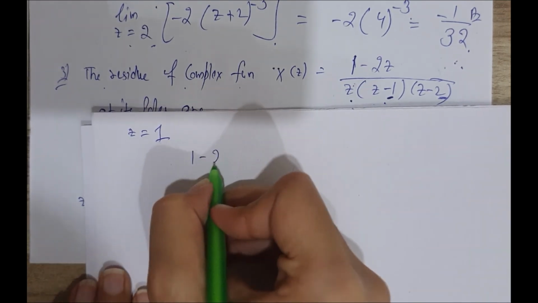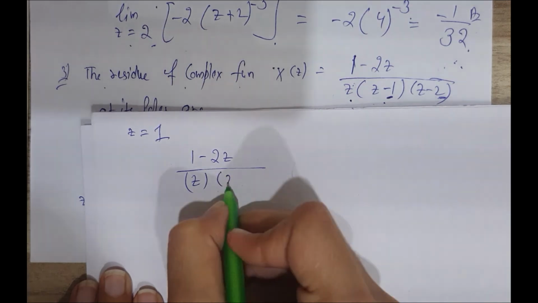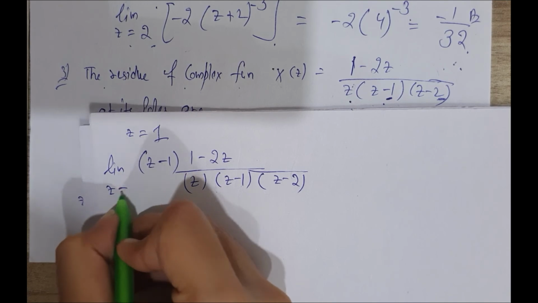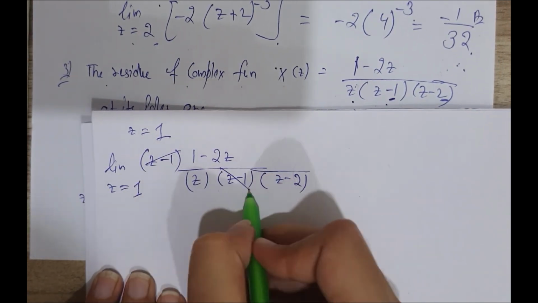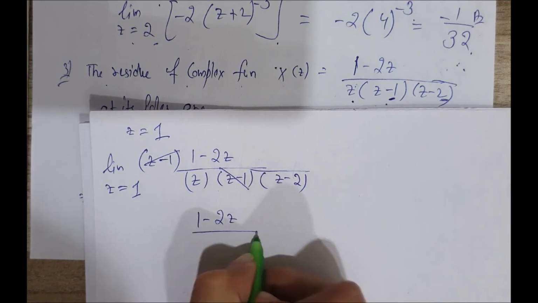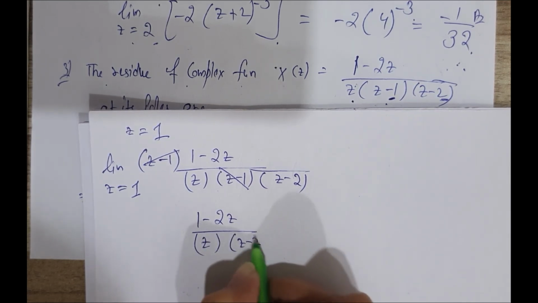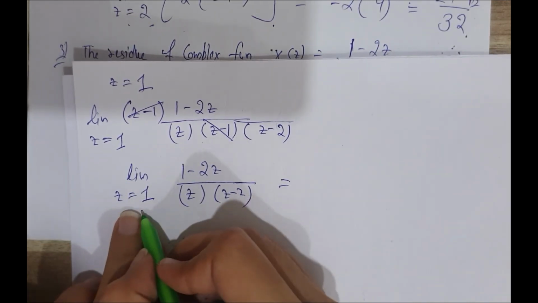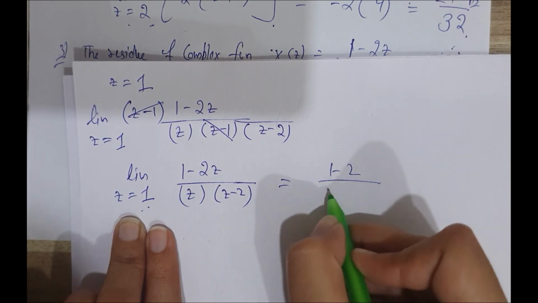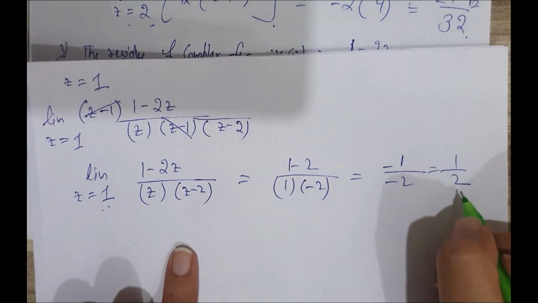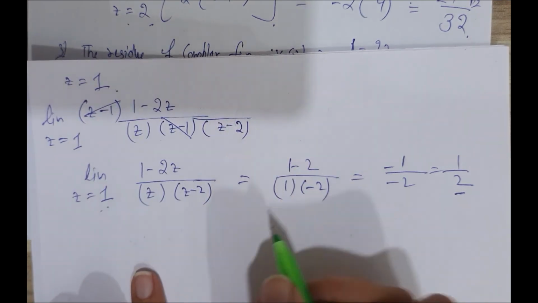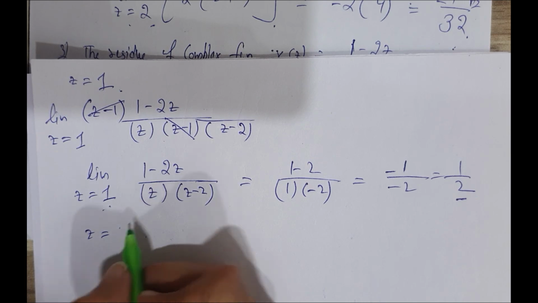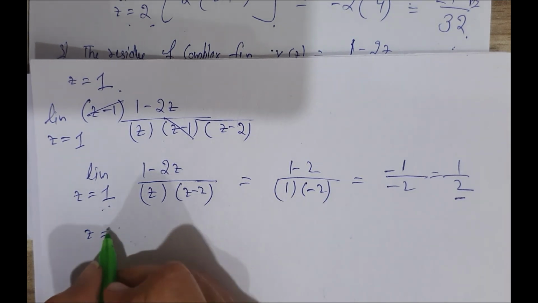The limit is z equal to 1. Now put the value of z, and this comes out to be the residue at z equal to 1. If n is 1, then it's really simple to find the residue. If n is anything except 1, then you have to differentiate it, then it becomes a little complicated.